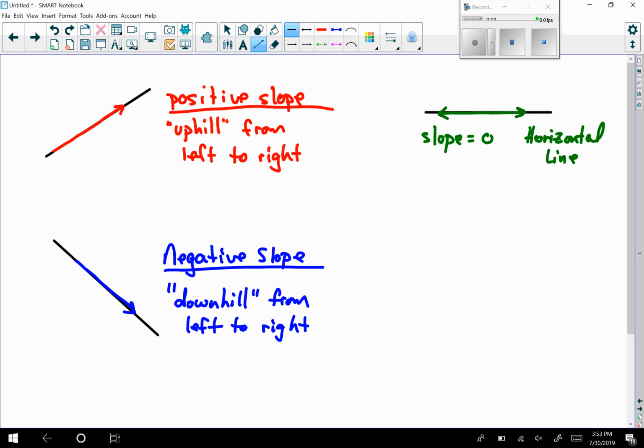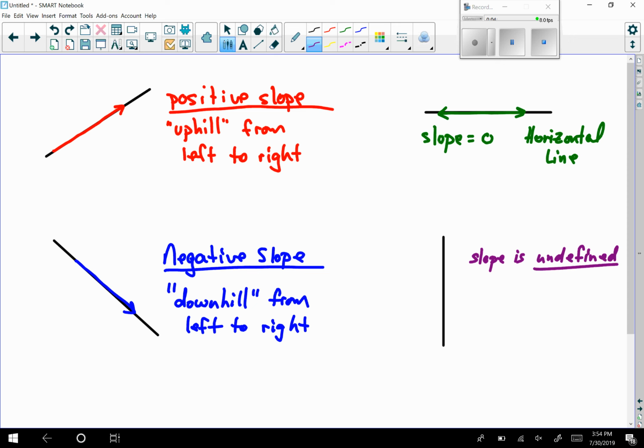And then the fourth direction is a vertical line, just straight up and down. With these, we say the slope isn't a number. We say the slope is undefined. We use a word to describe this because one way I kind of look at this is you could stand on a hill that's going uphill or downhill.